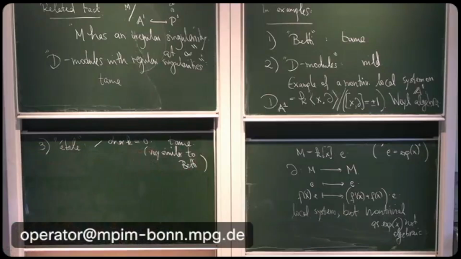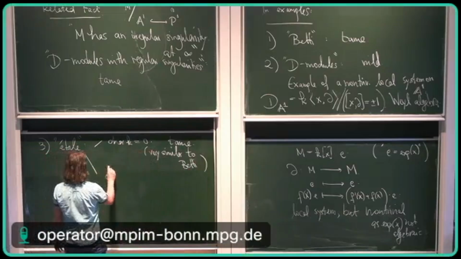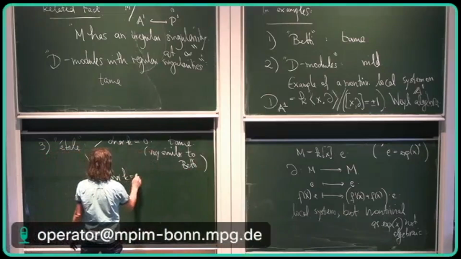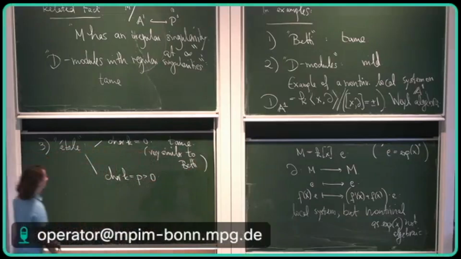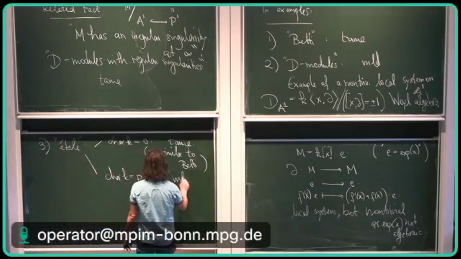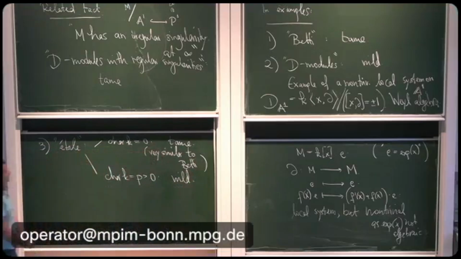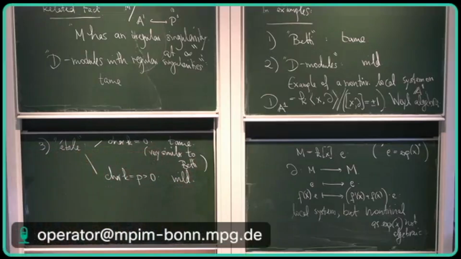On the other hand, if you do this etale theory in positive characteristic, then again it's wild. And so what's the example here?